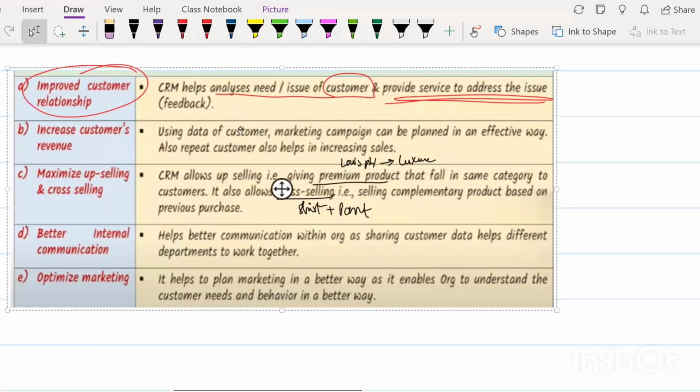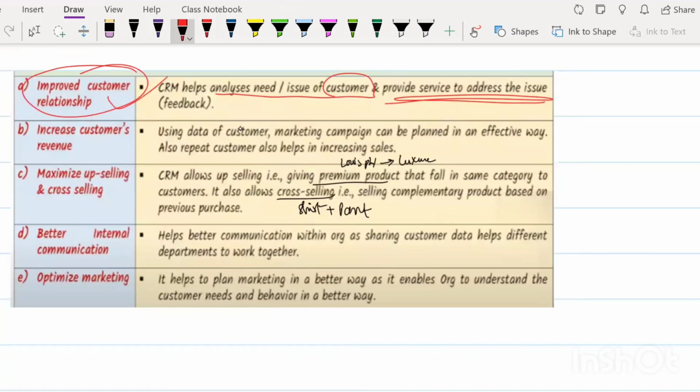Second, if the relationship with your customer is improving, then that will lead to an increase in the company's revenue. That means the customers who get attracted to your company will be many more if your customer relationship is very good.